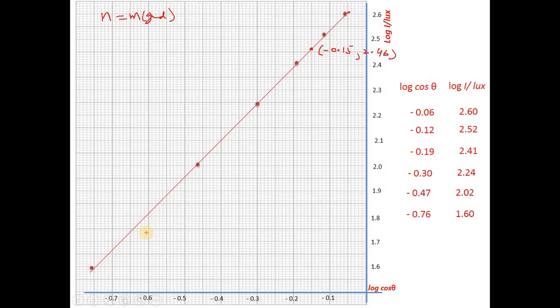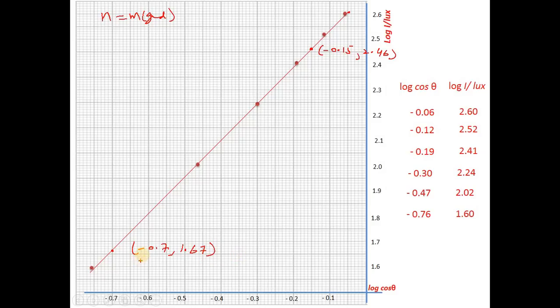Let's see, because we need to choose as big a triangle as we can. Let's just take this point here. The coordinate of this point will be minus 0.7, comma 1.65, 1.6, 1.67 approximately.